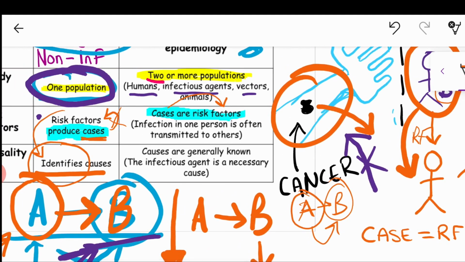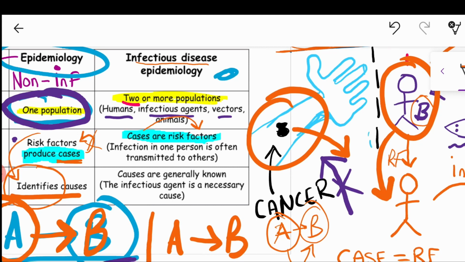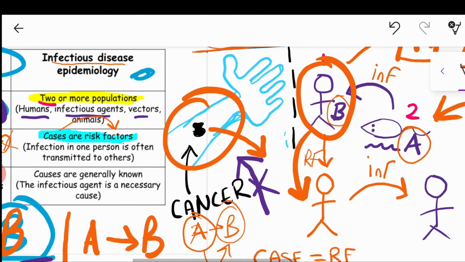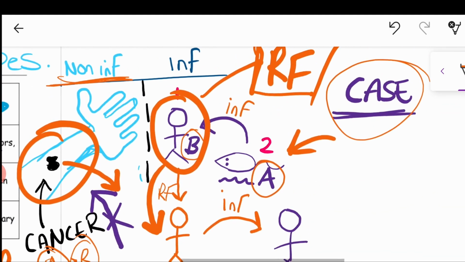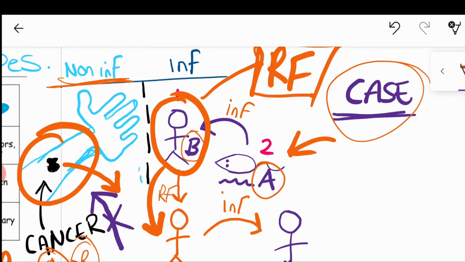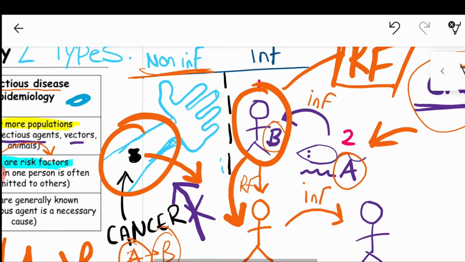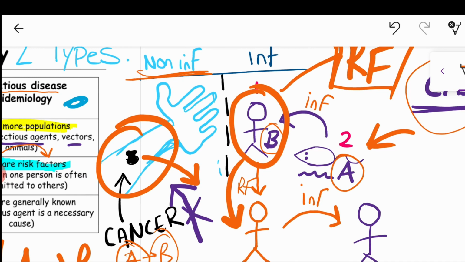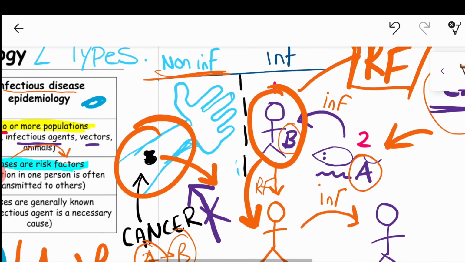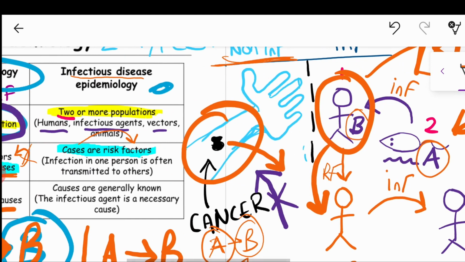Okay, now if we compare this with infectious epidemiology, here we focus on two or more populations. Reason being is we now have more populations. We have a population that is the infector and the receiving population, the infected. All right. Now, this is a little different because we have infectious disease, which is contagious. The cases now are risk factors.